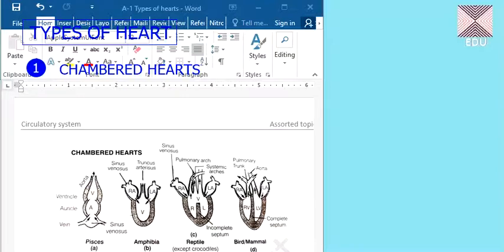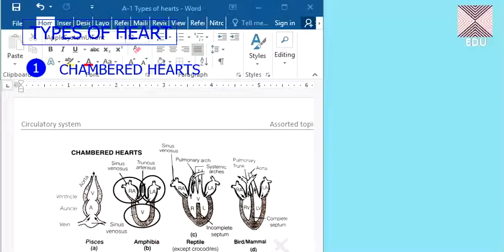Here you can very well see that in the case of the fishes we have got a two-chambered heart. In the case of amphibians, we have got a typical three-chambered heart. Here you can see that the auricles are totally separated out, and here we have a ventricle. So this is a typical three-chambered heart in amphibians.